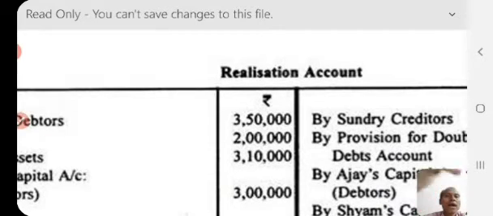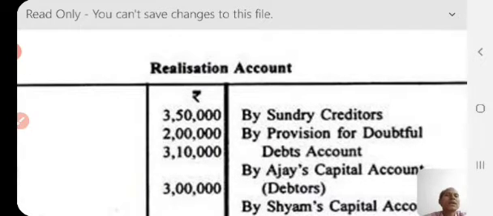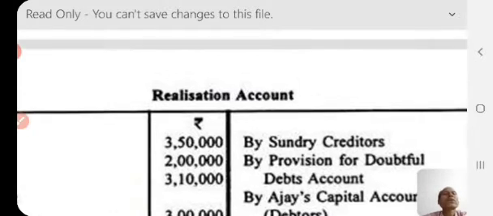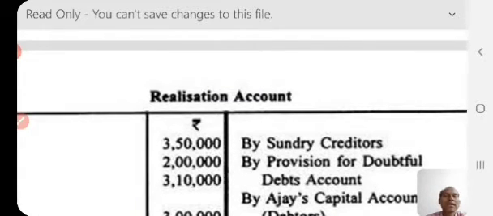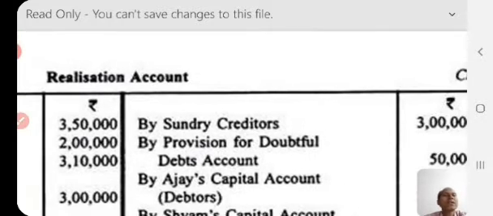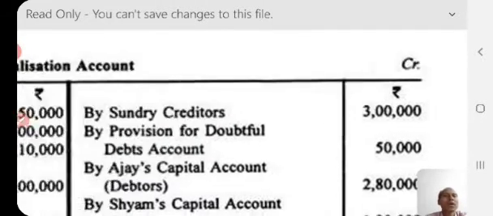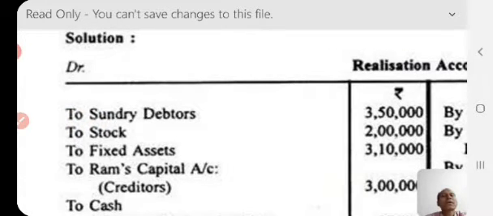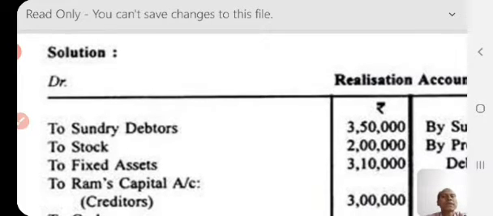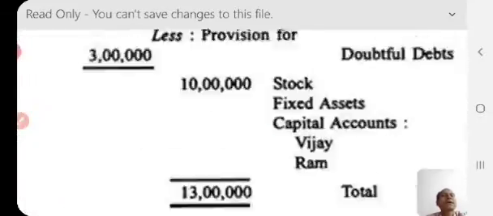Or we should write the debtors' full amount and also write the provision at the credit side, which is mentioned in the balance sheet. So in this problem, we have taken the amount of 3,50,000 at the debit side and 50,000 at the credit side. So sundry debtors, stock and fixed assets are written. These three are the assets.